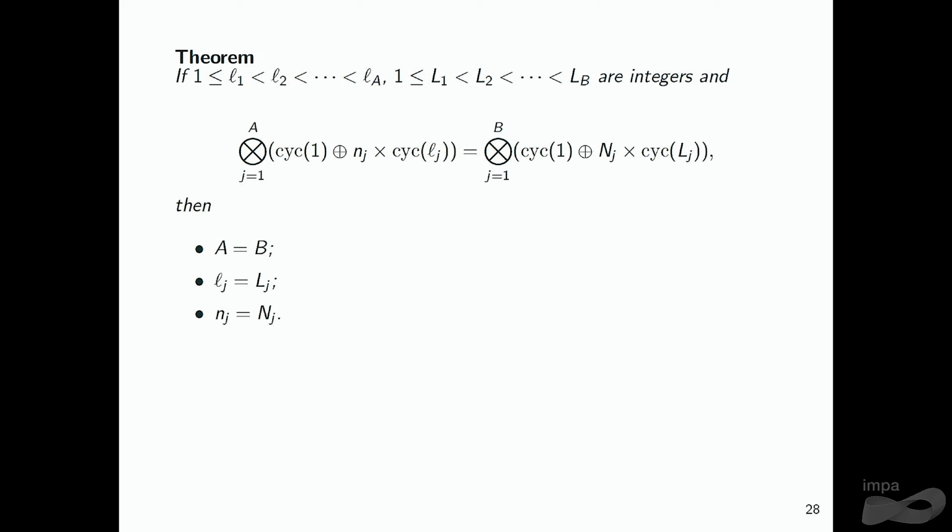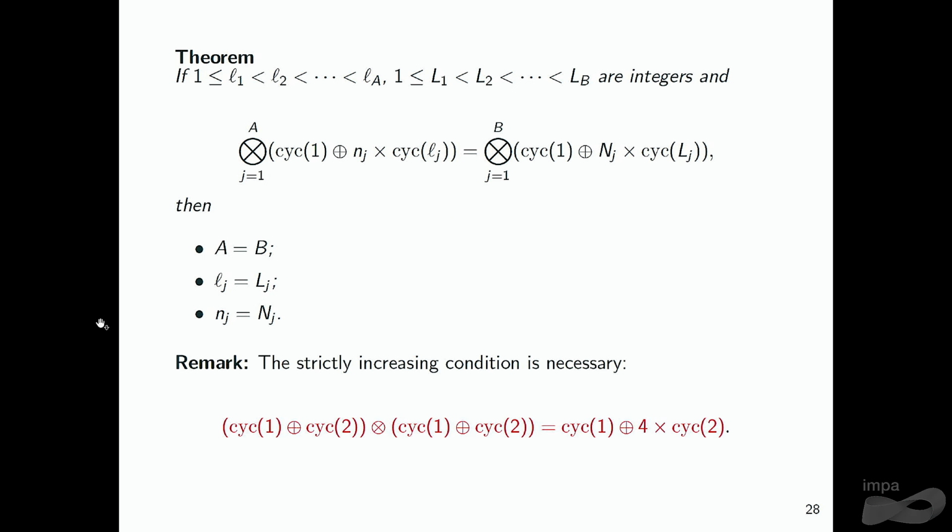So I conclude that the number of connected components in this product is the same, the lengths are the same, and the copies are the same, right? Just a remark: this is only true if I ask for the lengths to be pairwise distinct. Here's a counterexample: I have two ways of writing this graph.